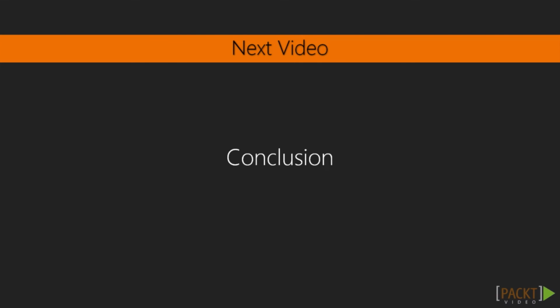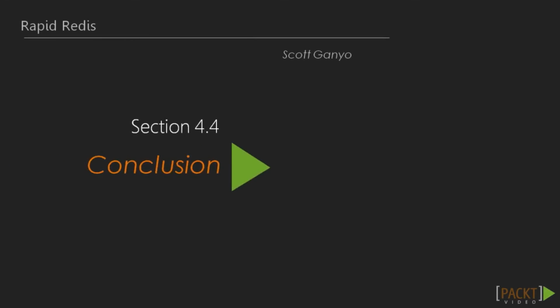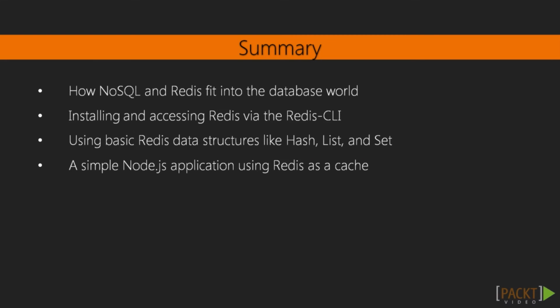Our next video is the conclusion. Conclusion. Just to summarize what we've learned here, we've seen how NoSQL and Redis fit into the database world as a solution that can provide more flexibility and perhaps more performance depending on your use cases.